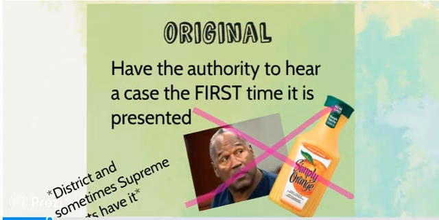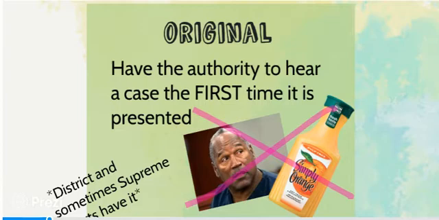All right, so our first type of jurisdiction is original, or OJ, not O.J. Simpson, not orange juice. All right, OJ is original jurisdiction. They have the authority to hear a case the first time it is presented. So the first time you walk up into court with your nice, pretty orange jumpsuit and your bracelets on your wrists, the very first time that a judge has looked at you, told you what your case is, and the first time you present it to a jury, that's called original jurisdiction.